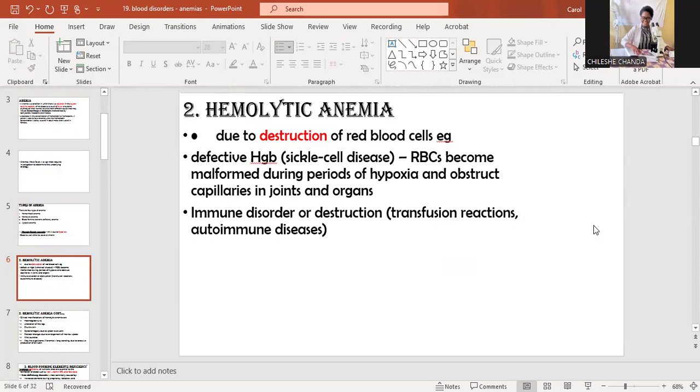And then we have hemolytic anemia. Hemolytic anemia, that is the second type of anemia. And this anemia is due to the severe destruction of red blood cells. There are some conditions that cause breakdown of red blood cells at a higher rate and before they mature to reach the 120 days that they're supposed to live.